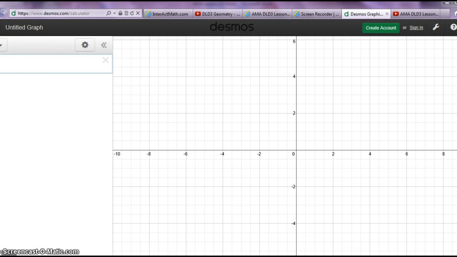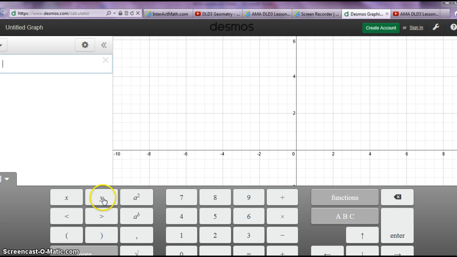Alright, so I'm here in Desmos, and I'm going to graph the left side of the function. So we've got y equals 17.5 plus x.